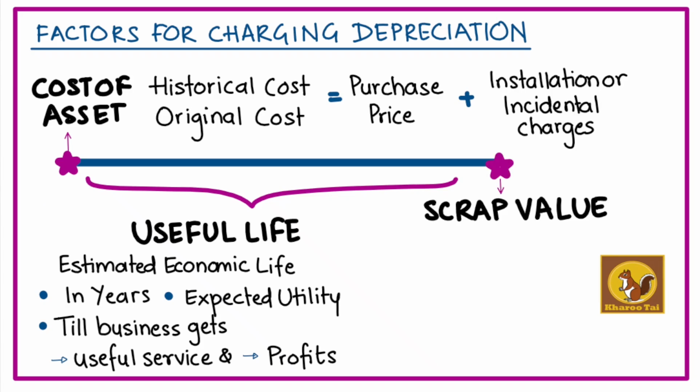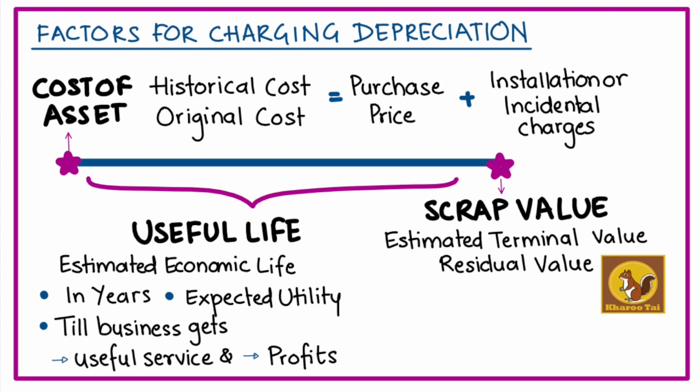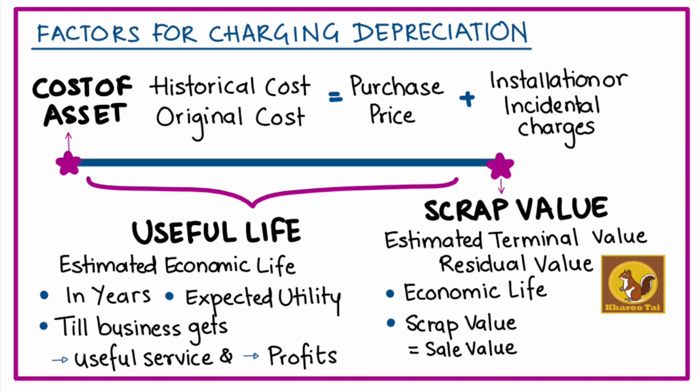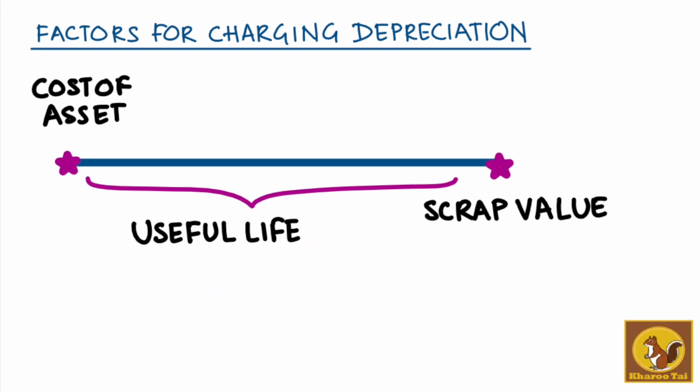And the last point is scrap value, which is also called estimated terminal value or residual value. At the end of economic life, what is the net realizable value? What is net realizable value? Sale value minus any disposal cost or removal cost. So mainly three factors: cost of asset, useful life and scrap value.